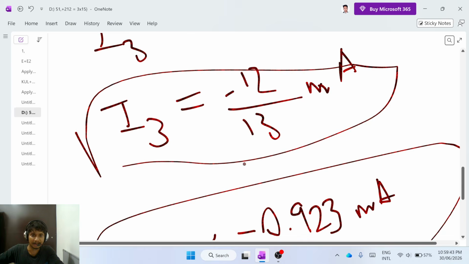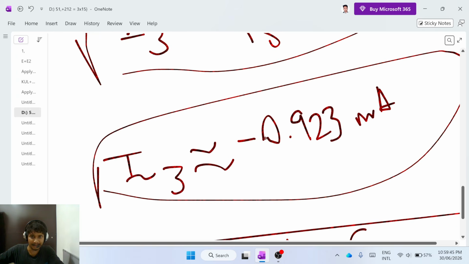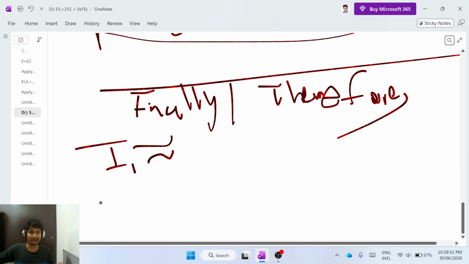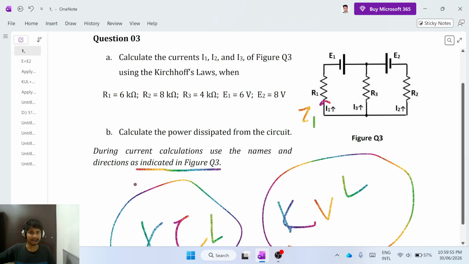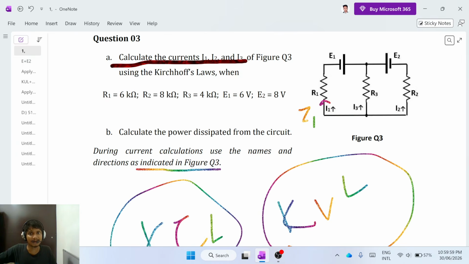I3 is approximately equal to minus 0.923 milliampere. Don't forget the minus. Please finally write the answer. What they asked in the question is to calculate the currents I1, I2 and I3. Therefore, finally please write that.